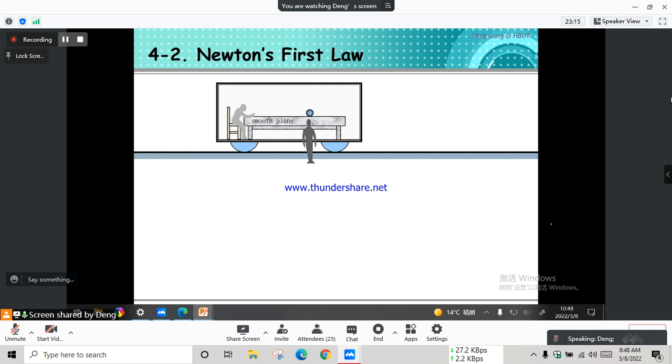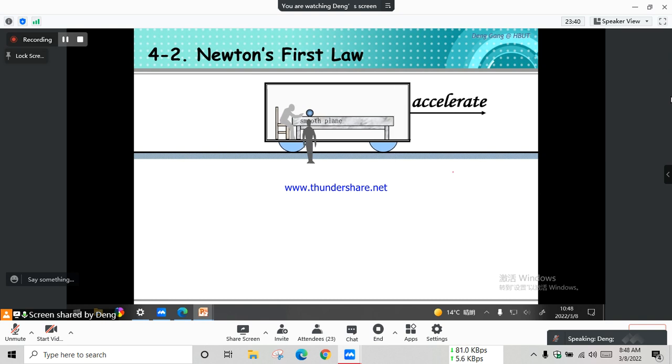Two guys, one is on the ground, and the other, for example, on a train, like this. And we can assume that this surface is a smooth surface without friction.